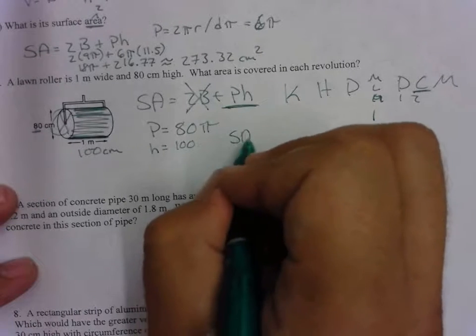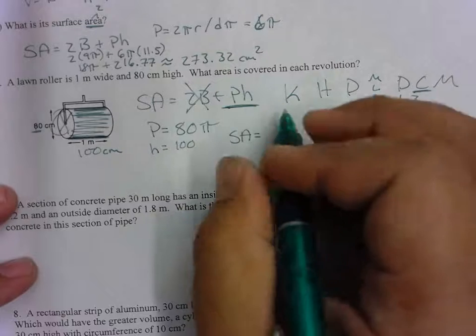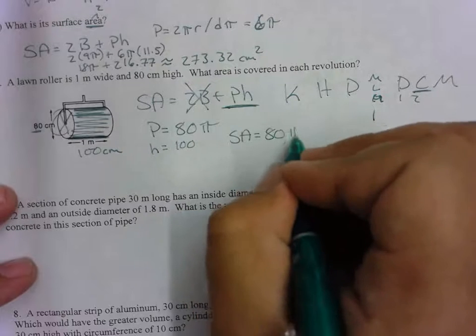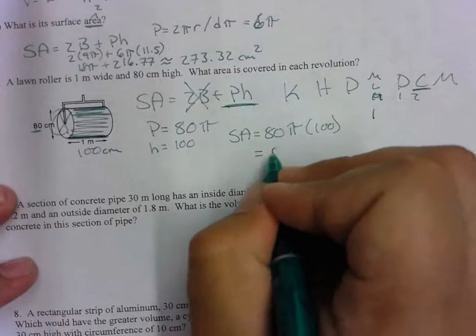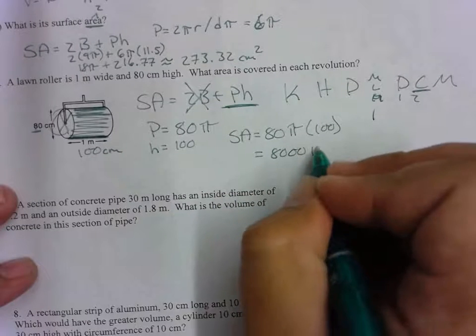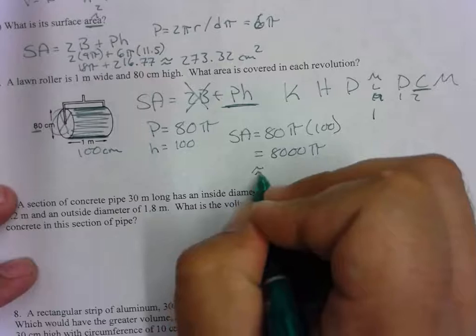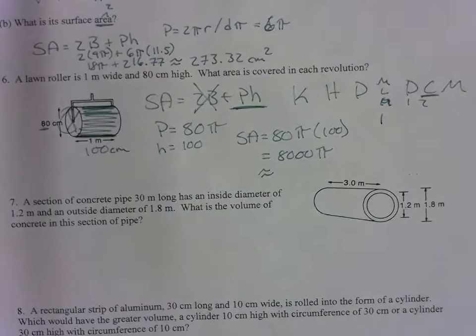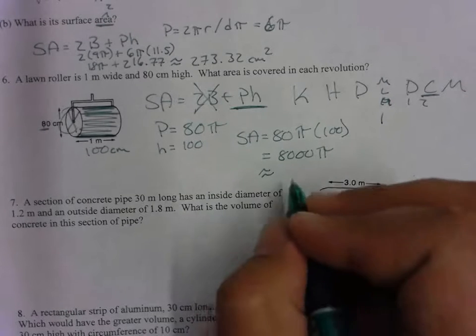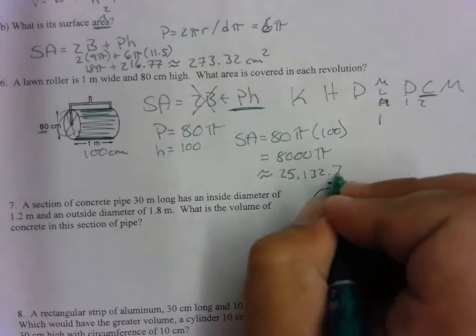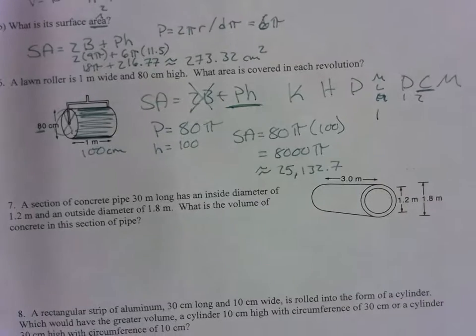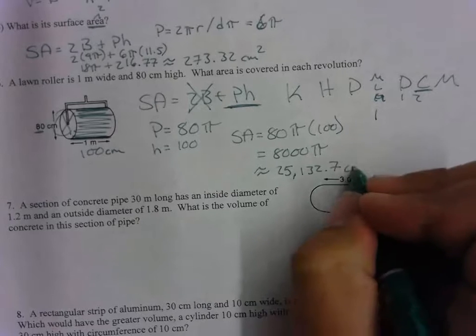So the surface area would be 80 pi times 100, which is 8,000 pi, which is approximately 25,132.7. Now, that's in centimeters squared.